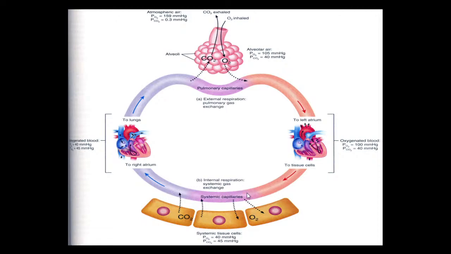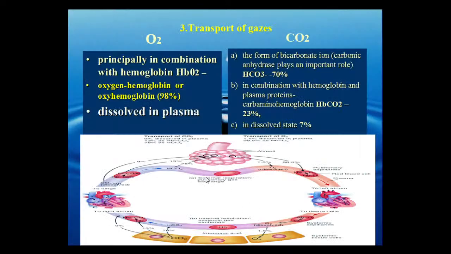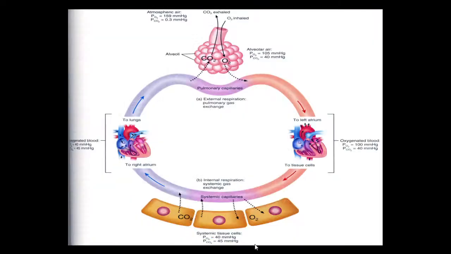That's why I told you here that we have the same laws of gas exchange in tissues, because here movements of gases, oxygen from capillaries to interstitial fluid and to cells, and carbon dioxide from cells to capillaries is possible due to pressure gradient between partial tension of gases in blood and partial tension of gases in interstitial fluid and in cells. And these pressure differences you can see here.